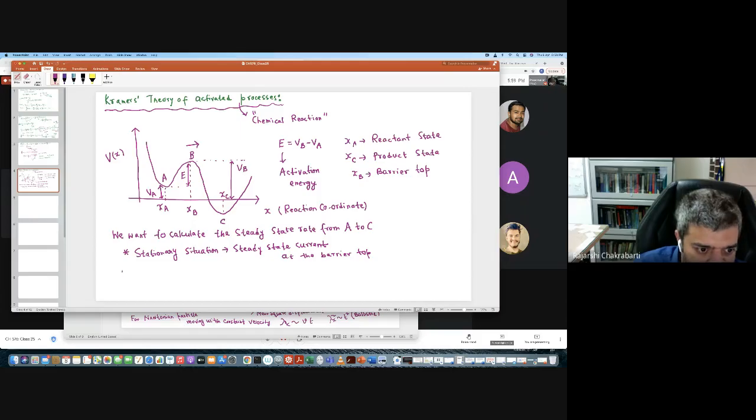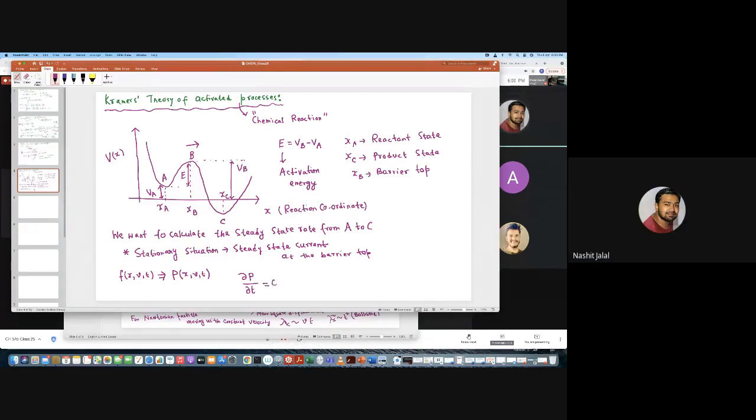So let us change our variable. I just change it to, I call it P rather than F. Many books call it P. Just a change in notation. So if you are looking at the steady state solution, obviously what is the condition? Del P by del t equals 0.